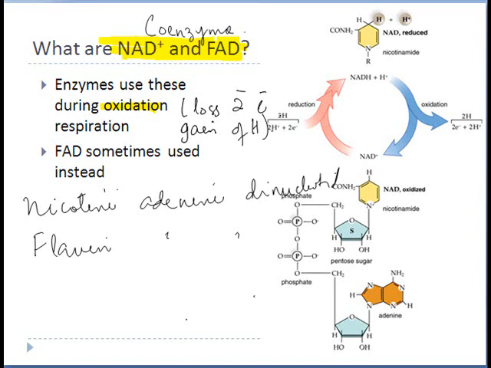For example, in a reaction over here, when NAD is gaining hydrogen, it is considered to be reduced because the reaction is going in this direction. On the other hand, when NADH2 releases those electrons, these electrons are followed by the hydrogen ion.